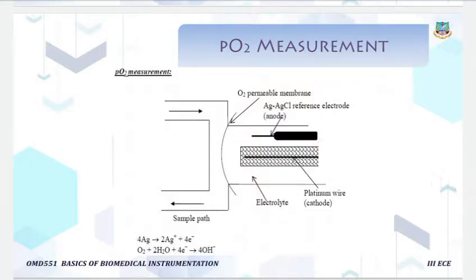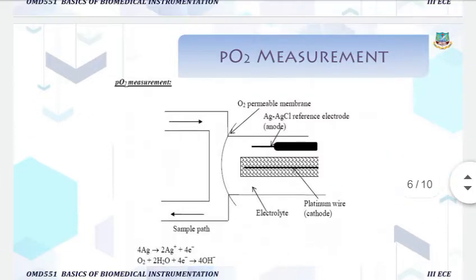This current is the measure of partial pressure of oxygen in that sample. It is proportional to the quantity of the gas present in the blood sample.